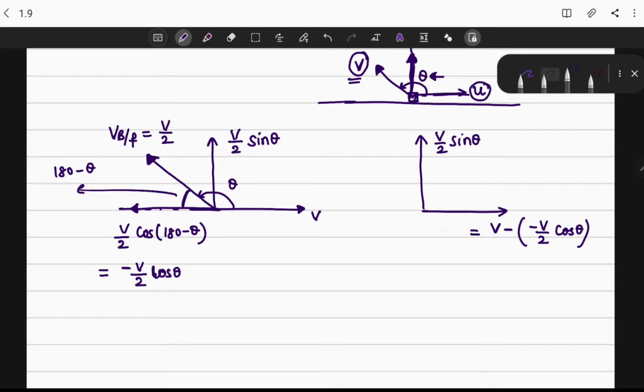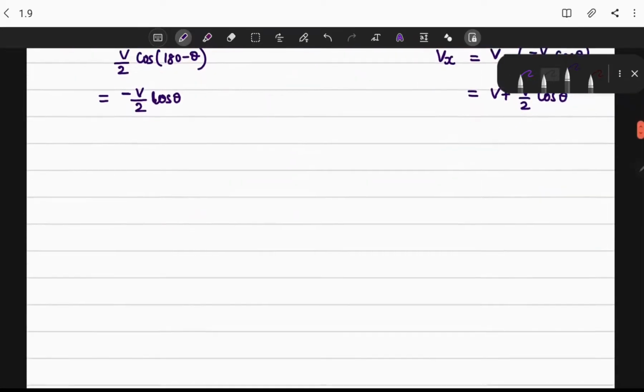Let us say this is vx and this is vy. So vx equals v plus v by 2 cos theta, and vy is v by 2 sin theta.